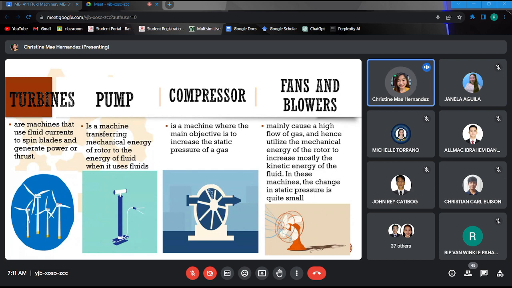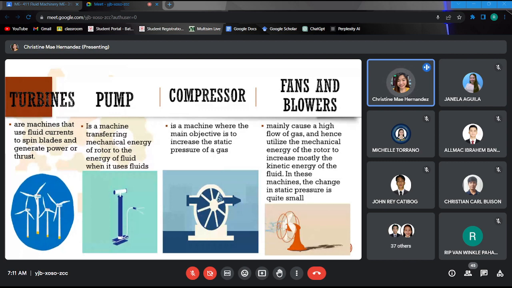The basic example of a pump is a hand pump. When we pump, we give energy to the fluid, which can be air or liquid. The same goes for compressors, fans, and blowers.